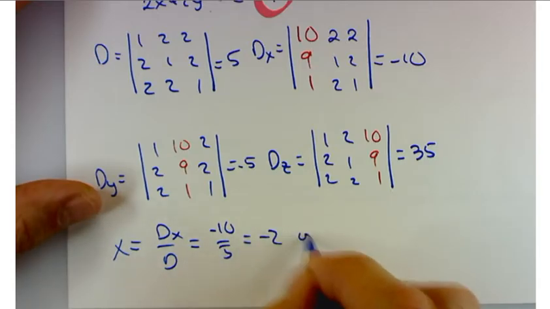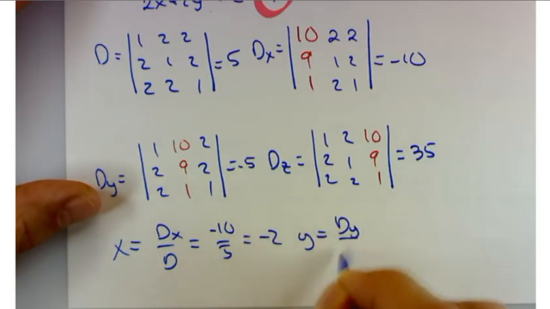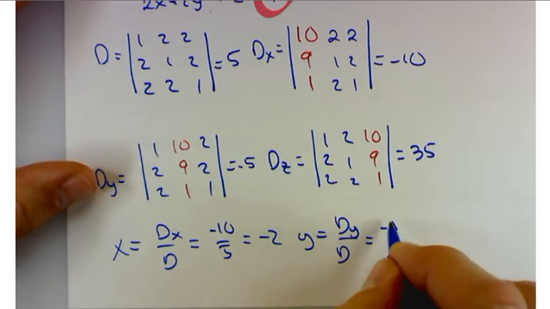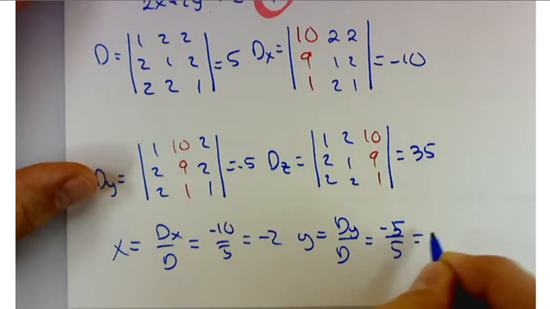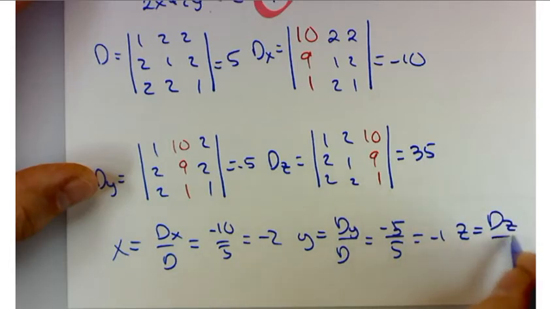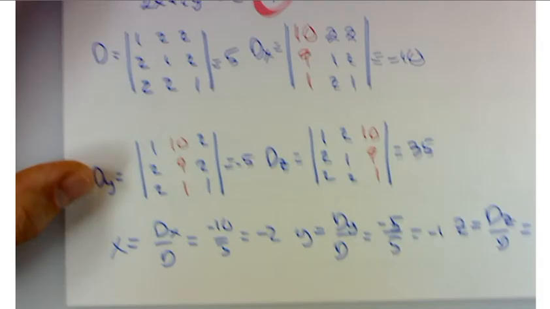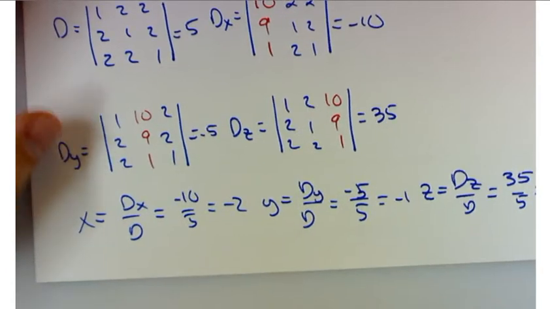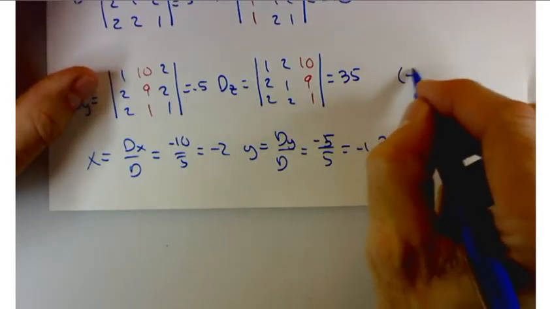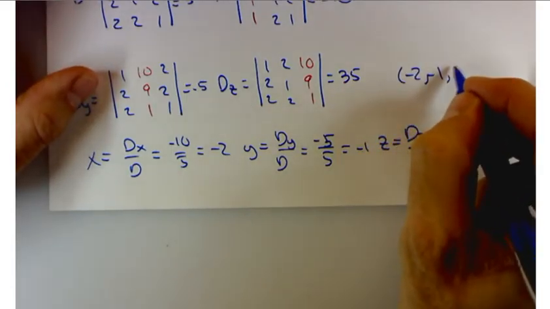Y is dy over d, which is negative 5 over 5, which is negative 1. And last but not least, z is dz over d, which is 35 over 5, or 7. So overall, your solution is negative 2, negative 1, and 7.